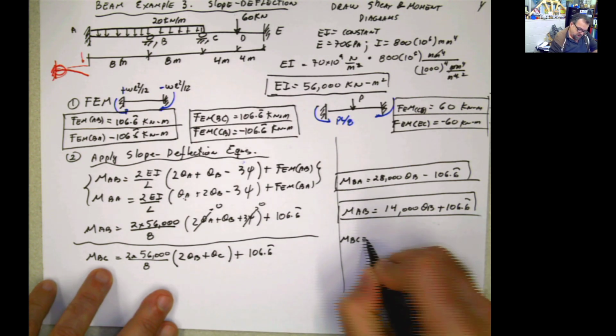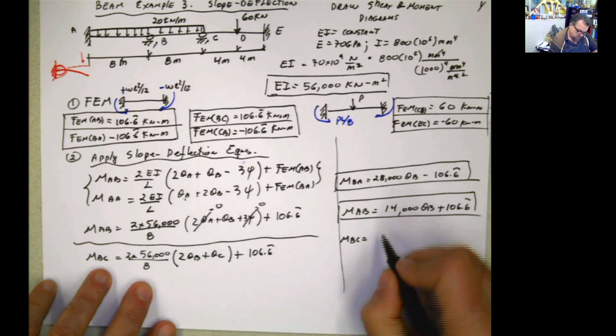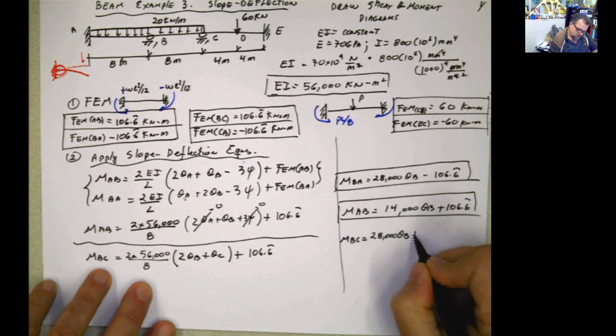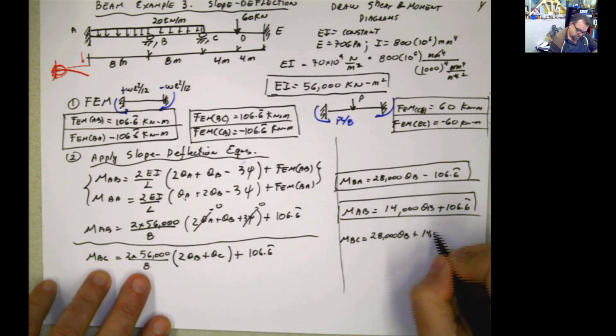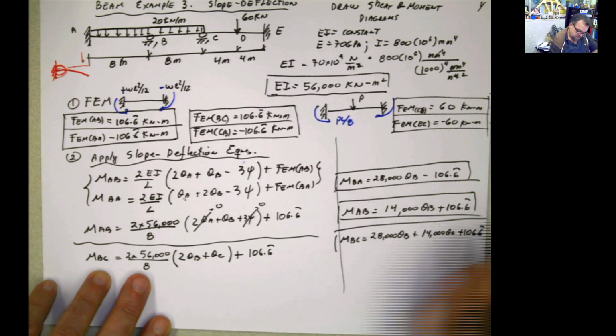Moment BC is equal to, that was 14,000 times 2 is 28,000, theta B plus, now it's 14,000 theta C plus 106.6. That is MBC.